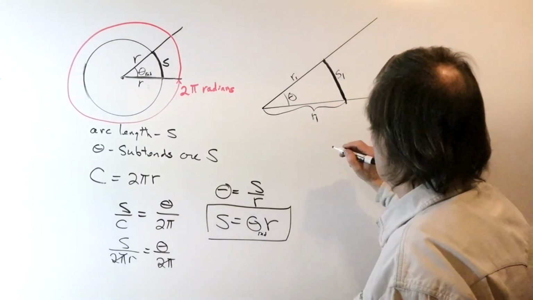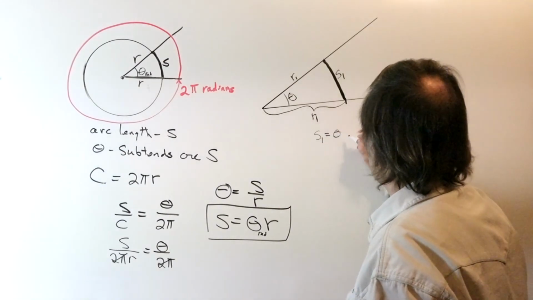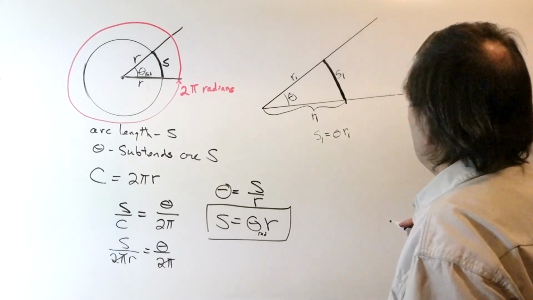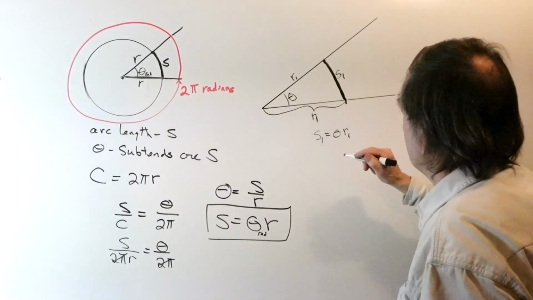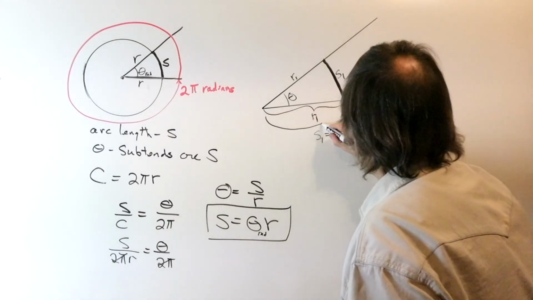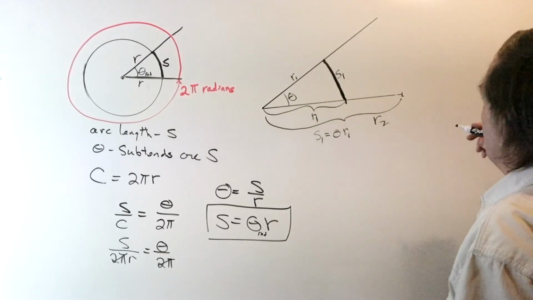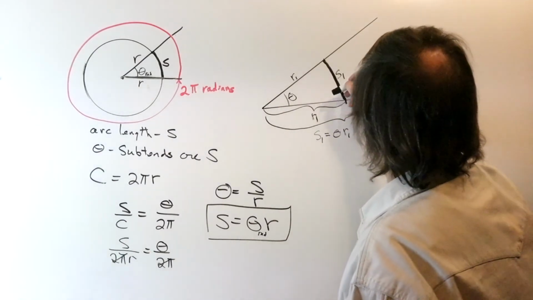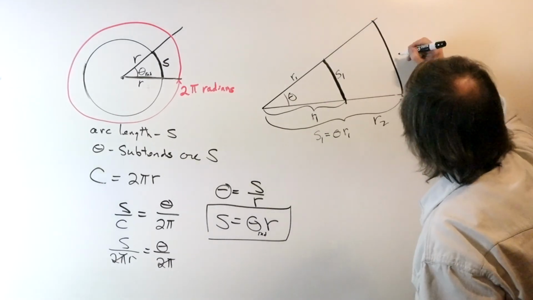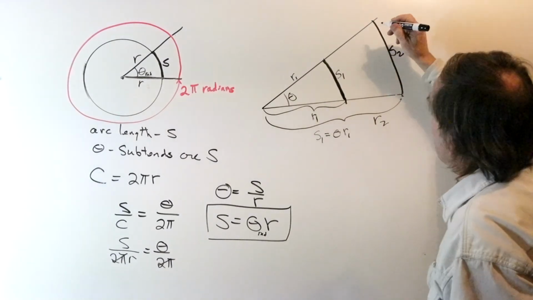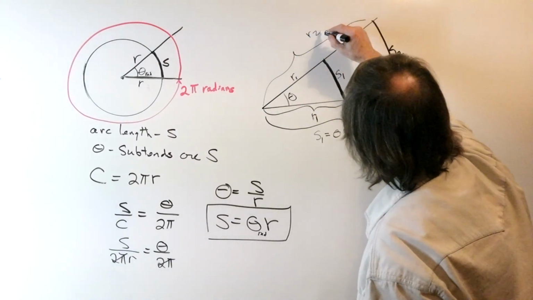So the relationship here is that S1 is equal to theta times R1. Now, if we go out further, say a radius R2, where this length here is R2, and we sweep out through the same angle, we're going to sweep out a larger arc. Call this S2.